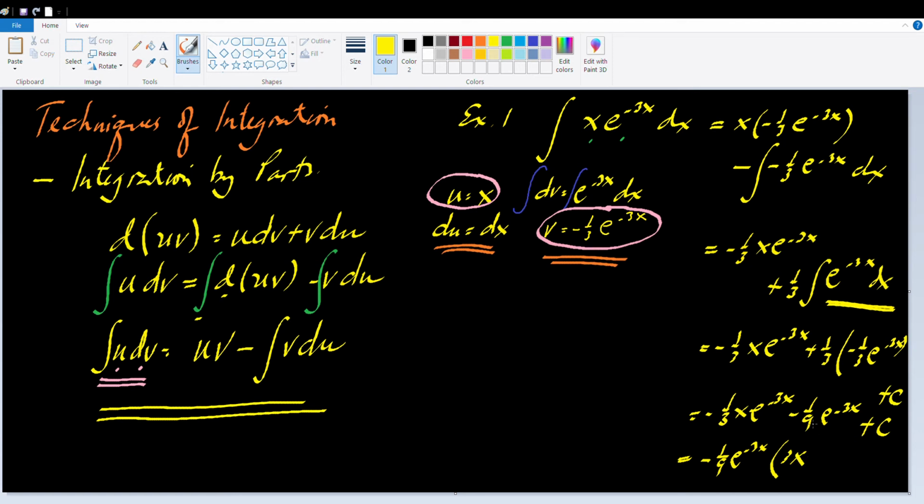Okay, and then this one is positive. We have factored negative 1/9 e to the negative 3x, so that will be 1 plus c. So that is our answer.